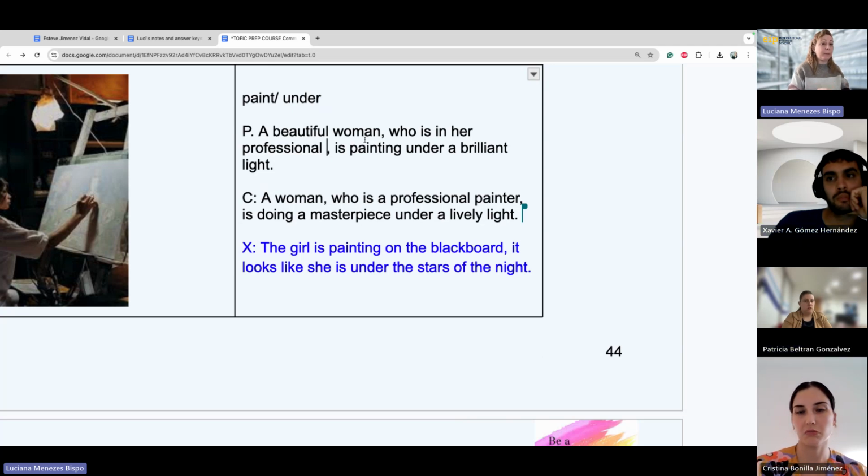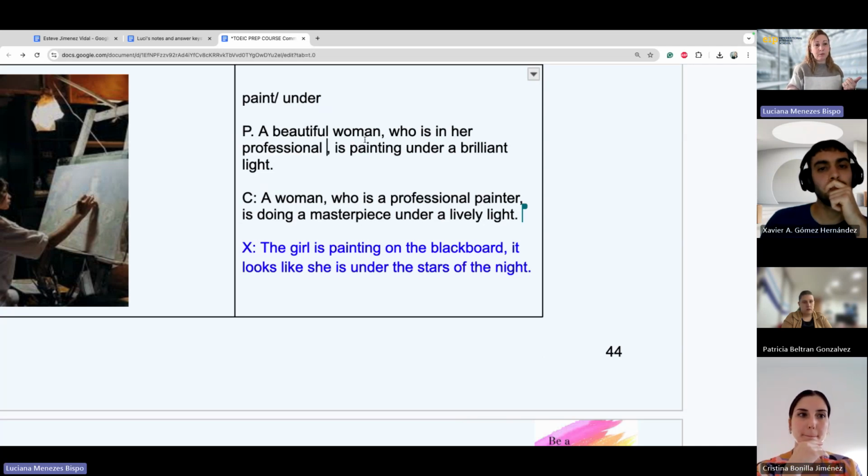It's a working place. So she may be an amateur or she may be a professional painter, but the place is not professional. The place is a working place.